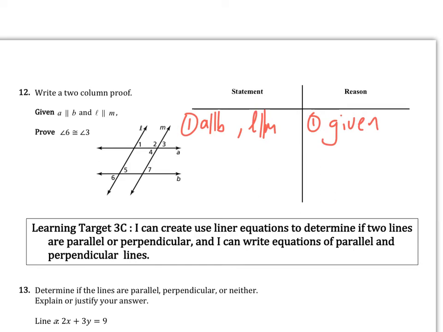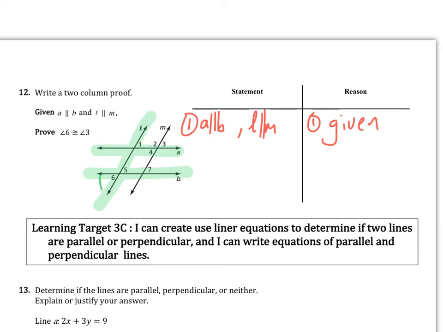And we can use all the theorems that we know: corresponding angles, alternate interior angles, same side interior angles, alternate exterior angles, things like that. Well, I want to make my way from 6 to 3, so maybe we could go from 6 to 1. If we look at line A and line B and this transversal right there, 6 and 1 are alternate exterior angles.